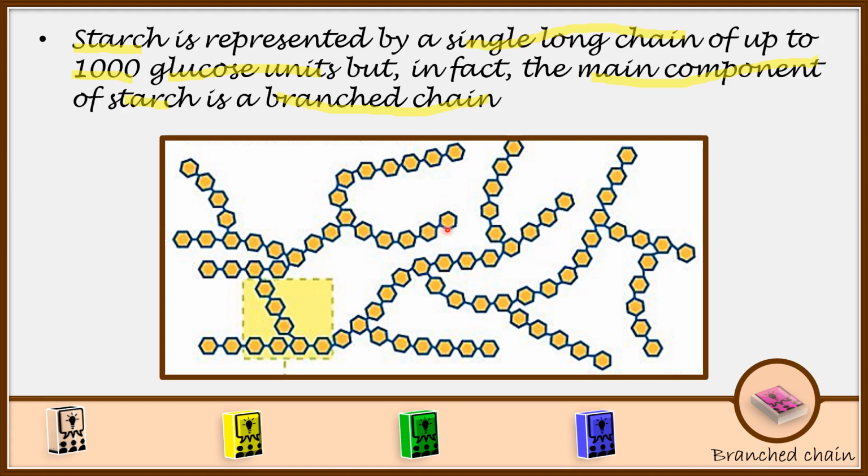This is amylopectin starch. It has very many glucose units joined together with very many branches as the main component of starch. This is our starch molecule.